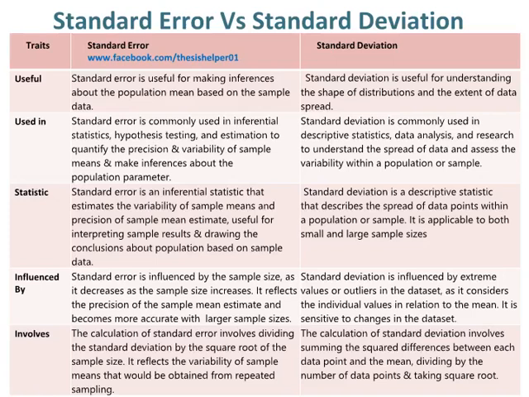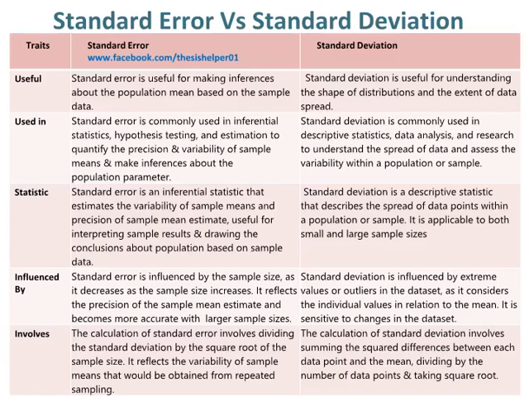Standard error is influenced by the sample size, as it decreases as the sample size increases. It reflects the precision of the sample mean estimate and becomes more accurate with larger sample sizes. Whereas, standard deviation is influenced by extreme values or outliers in the dataset, as it considers the individual values in relation to the mean.